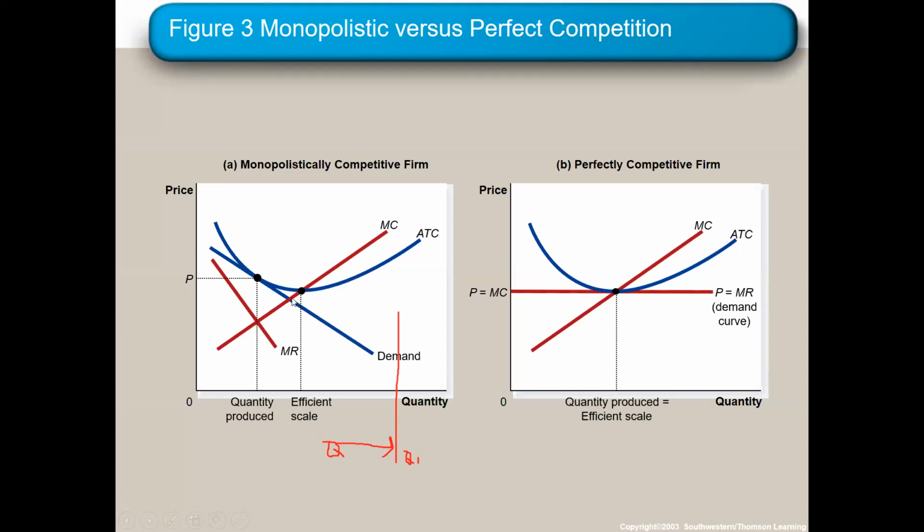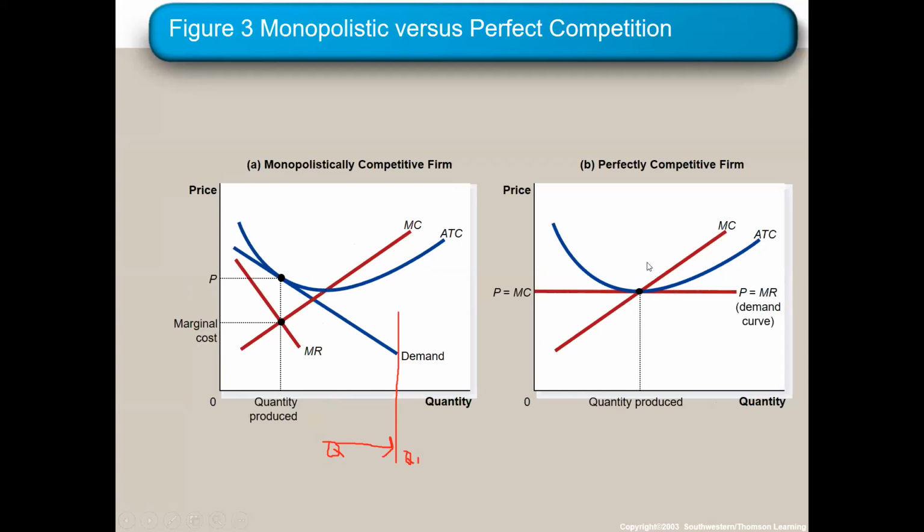You're not producing where MC equals demand. Here you are producing where MC equals demand. You're not productively efficient where MC crosses ATC. Here you are. So monopolistic competition is inefficient, perfect competition is efficient.